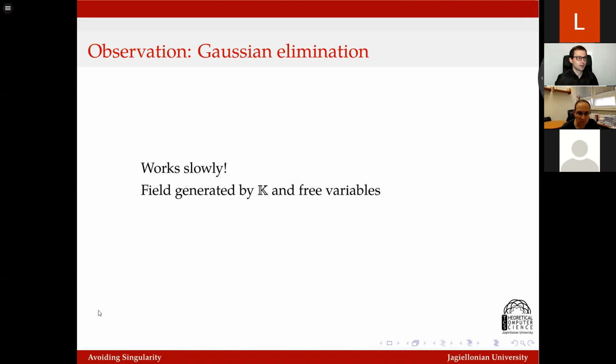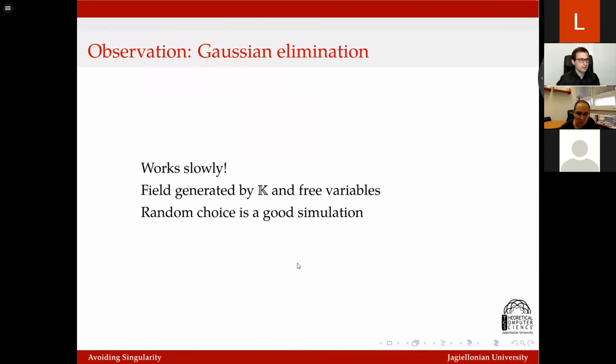Because you basically have fractions of polynomials in those three variables over k. So during this elimination, you will have very long entries in your matrix, and you're not going to make it in polynomial time.